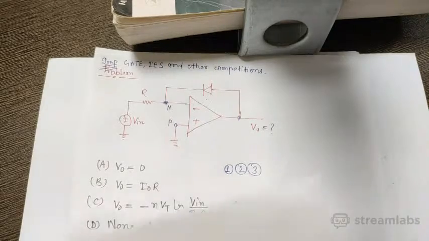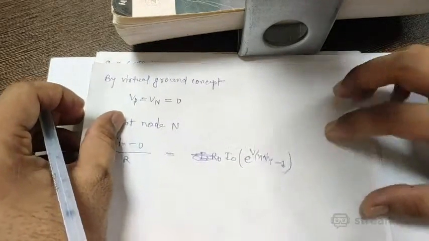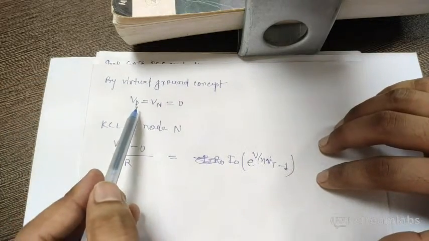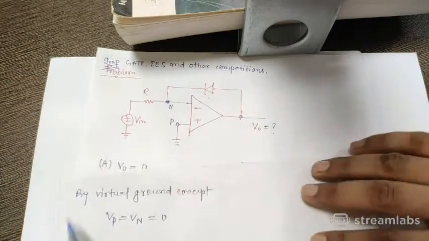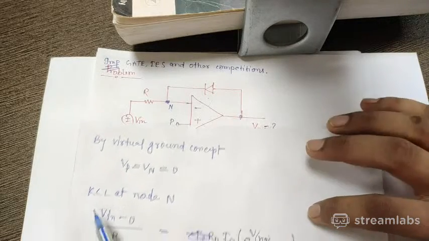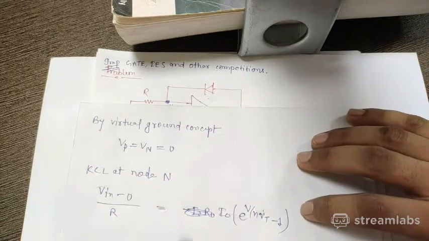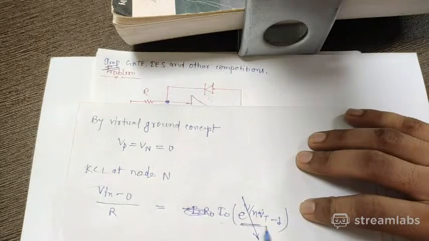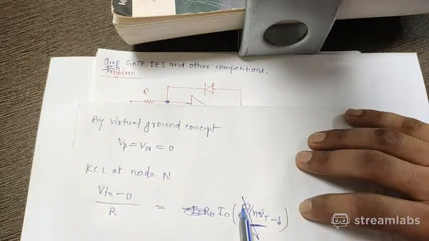So in the reverse bias case, somebody wants to solve, what he will do, he will try to apply virtual ground concept first in this circuit, and then KCL at node N, and then KCL this equation, and in the reverse bias this becomes negligible because of negative value of this voltage across diode, and this becomes important.